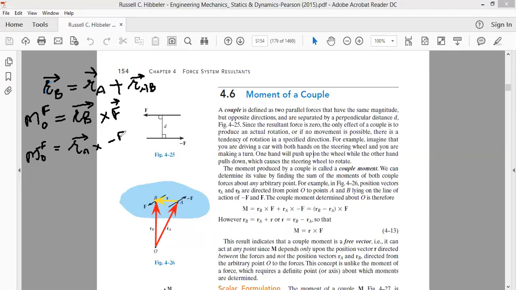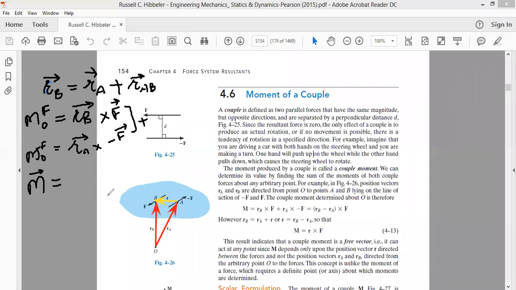cross minus F. The total moment because of these two equal and opposite forces is what we call a couple. We define couple M as the summation of the two. The resultant moment created by equal and opposite forces acting on a body is what we define as a couple.